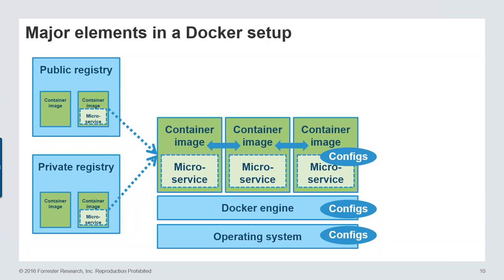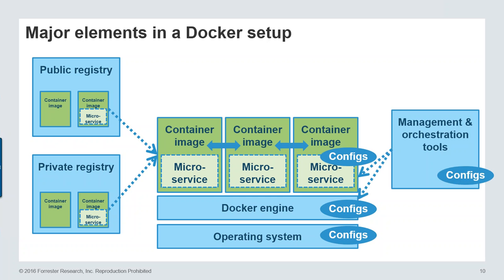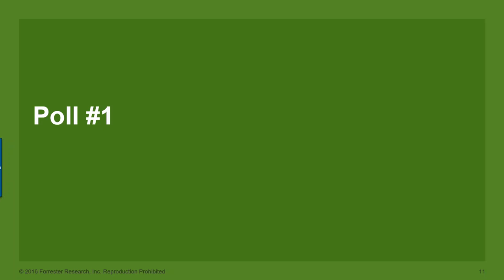So there's a variety of other kinds of images in those registries. And then there are management and orchestration tools, Kubernetes, Mesos, a variety of different things that each have their own configuration environments. So you get all these different environments, all these different pieces, and that's what makes up a Docker environment. And here we're going to stop for a poll question.